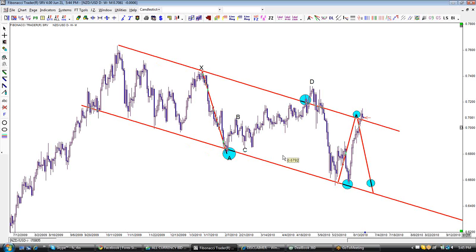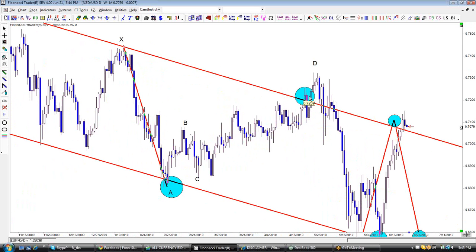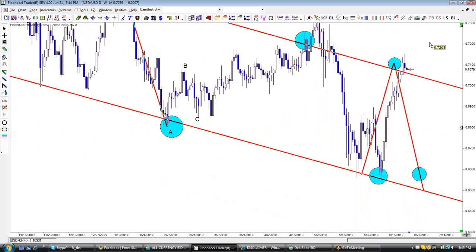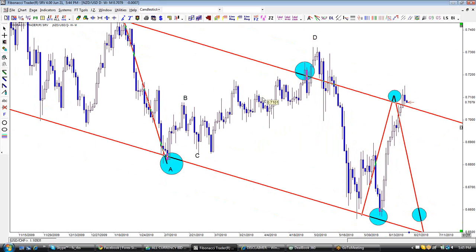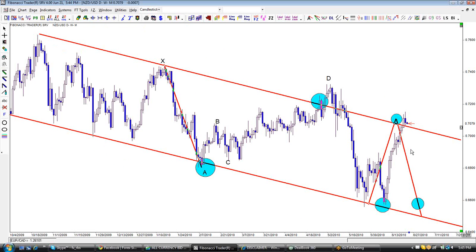This is a daily chart. You can see how well the New Zealand dollar has been trading in this bearish channel for a very, very, very long time, since September last year. Every time price goes to the top, bounces, goes to the bottom, and from the bottom goes to the top. Of course, we can have little breaks above and below, but in general, price is trading in those ranges.